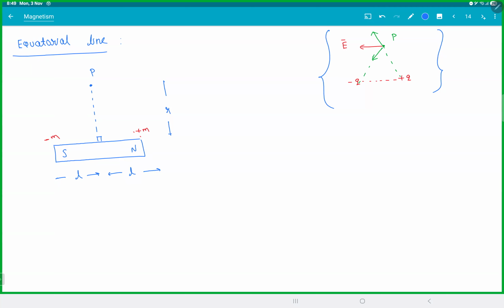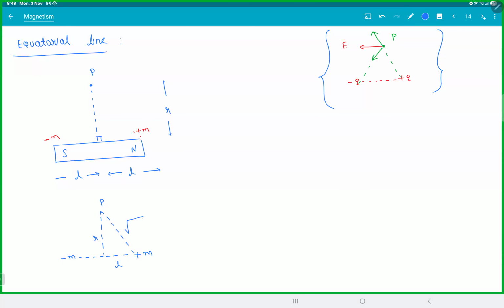Let's see. Right behind all this will go. So plus m, minus m. This is point P. This is distance r.